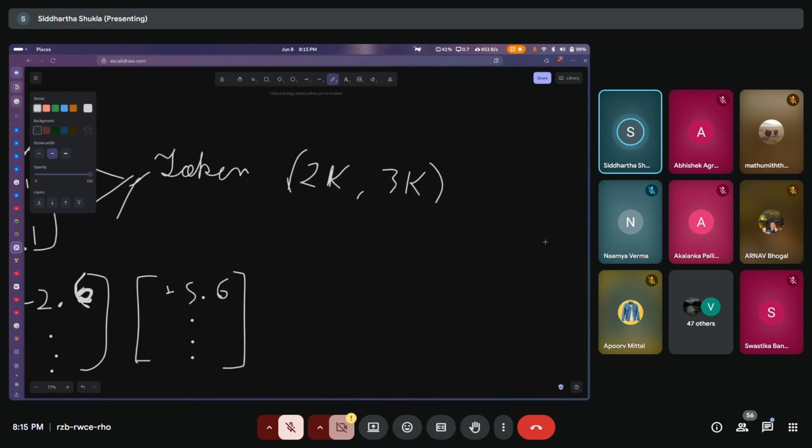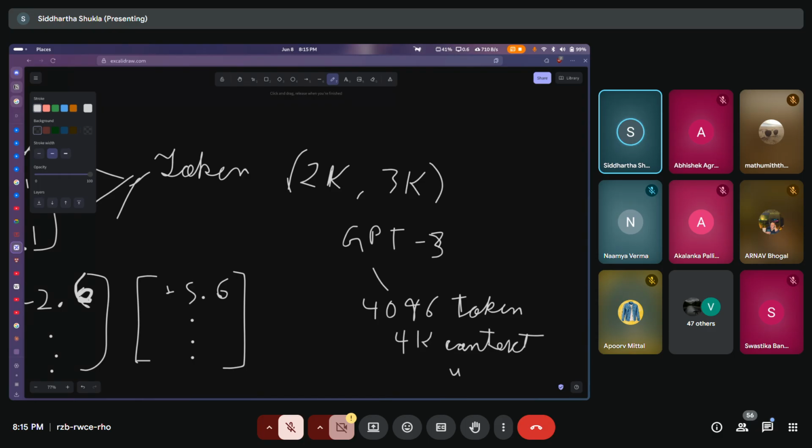Now, if I take the example of GPT-3, GPT-3 had a context size of 4096 tokens, or how it's referred to in recent terms, it's basically a 4K context window.